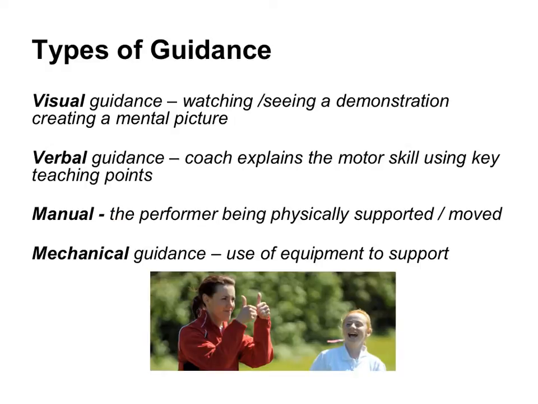And then manual. So manual is about being physically supported. So this is the coach using their own hands normally in order to physically support or physically move the participant into the right position. And then we have mechanical. So mechanical guidance is using equipment.